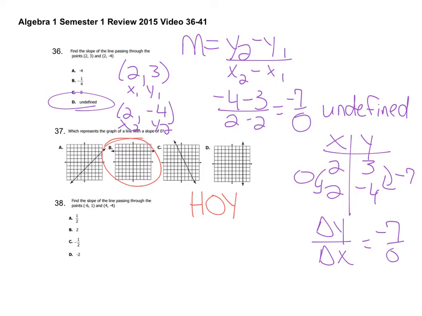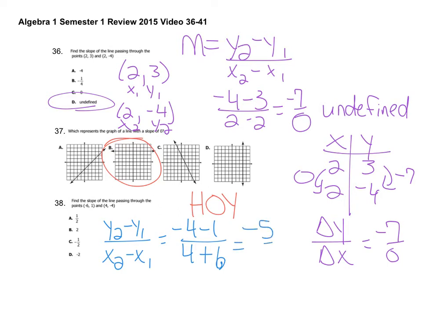Okay, 38 says find the slope of the line passing through these points. This is a good place to pause the video and see if you can do these on your own, since I've done one with you, and see how you do. Alright, so we do y2 minus y1 over x2 minus x1, that's -4 minus 1 over 4 minus a negative 6, and minus a negative becomes plus 6.